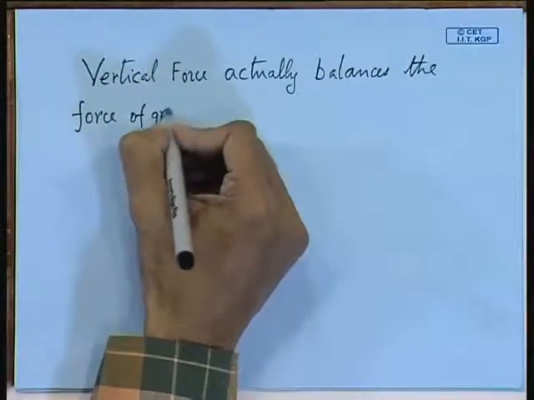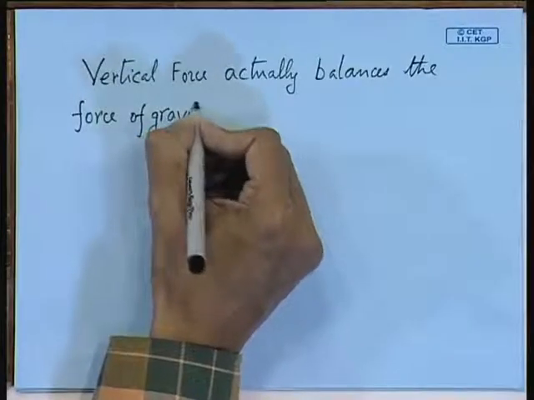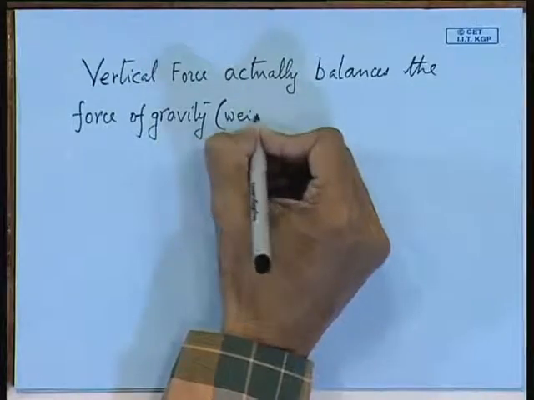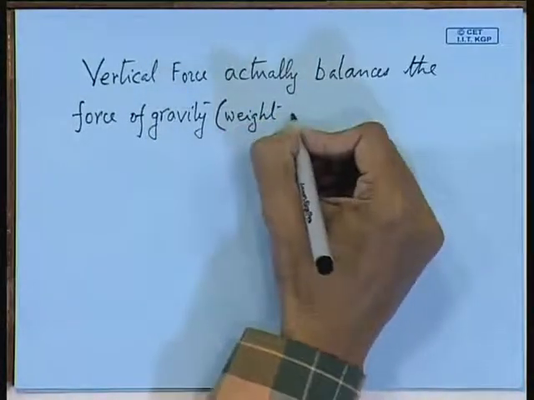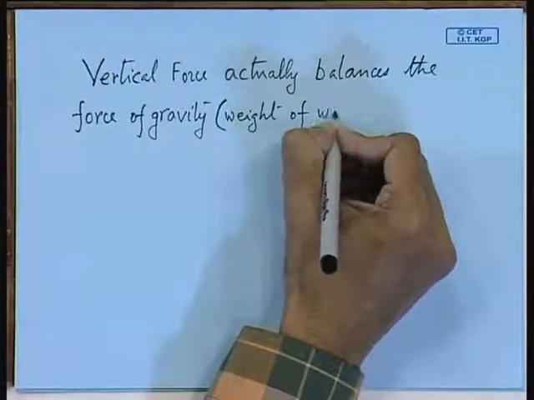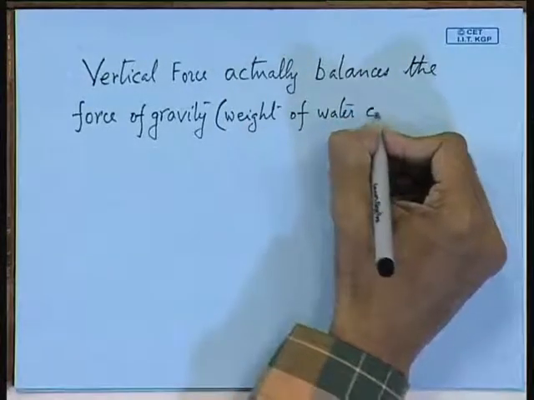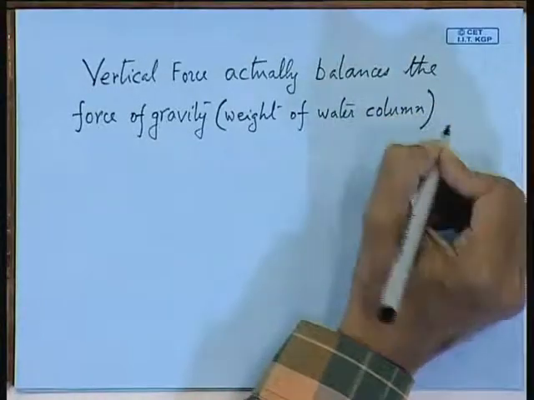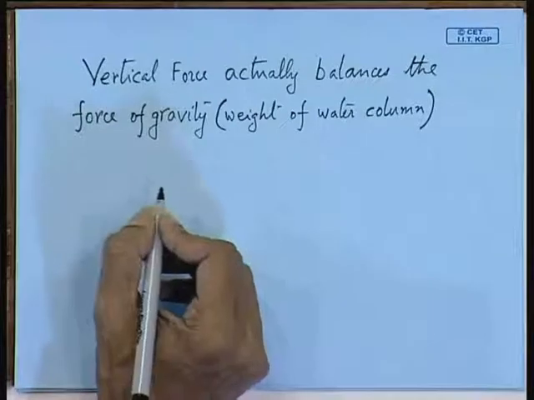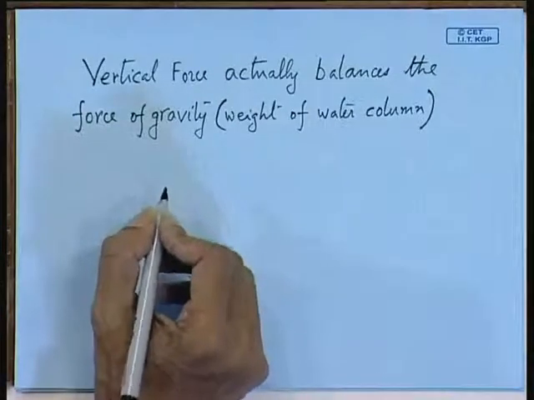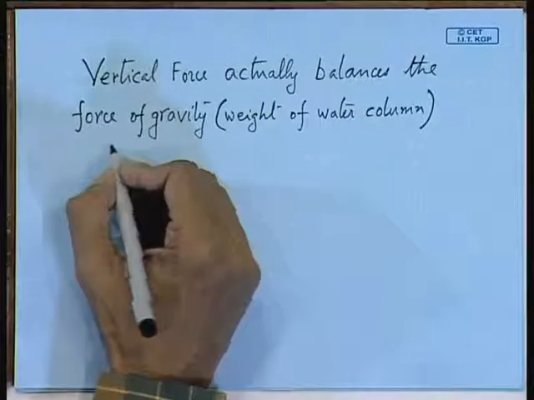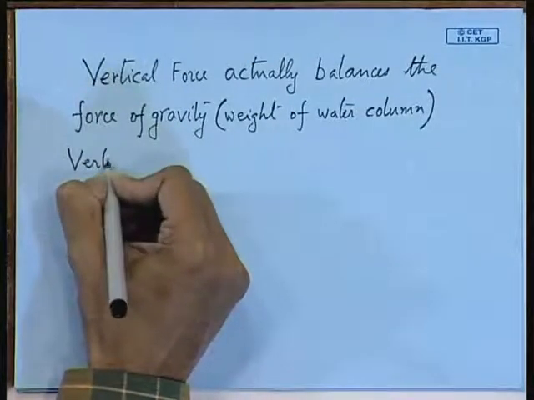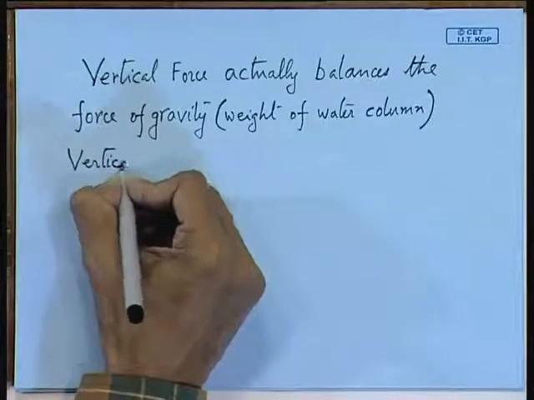What is this force of gravity? That is the weight of the water column. So, net force in the vertical direction is more or less equal to 0. So, there is no flow in the vertical direction.